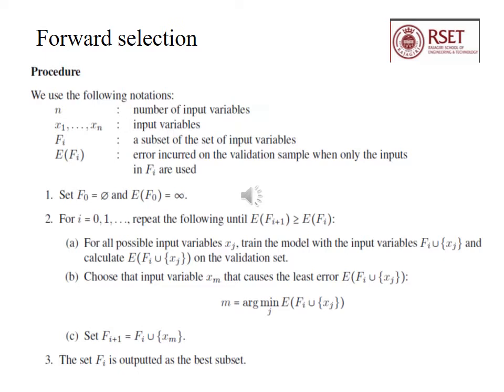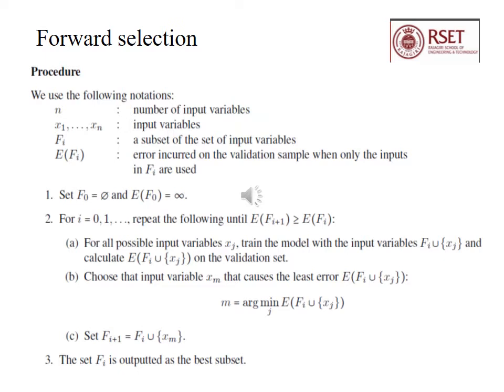For all possible input variables, we train the model with the input variable and calculate the error on the validation set. And we choose the input variable that causes the least error, where m is equal to argmin of E of Fi union xj. So we need to include that variable.